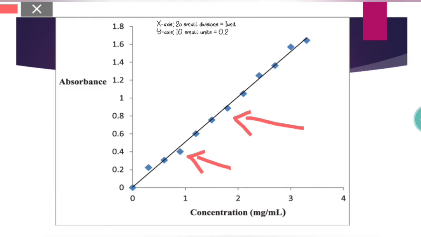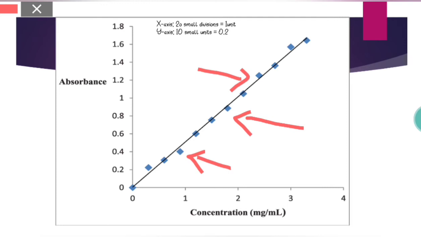That is why you should always be careful to minimize the errors so that you get a good curve. As you see, the errors here are not so much, as all the points lie very close to this standard curve. After getting the standard curve, we will find the unknown by taking the absorbance reading of the unknown.